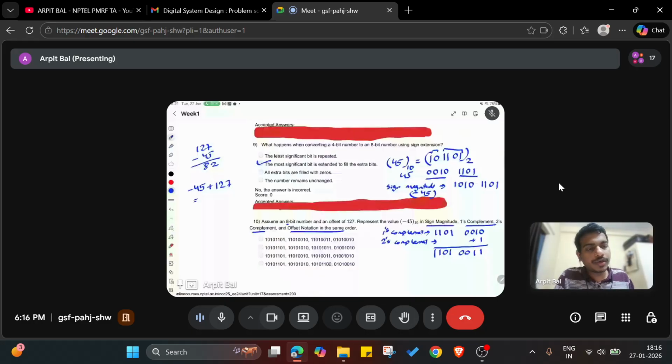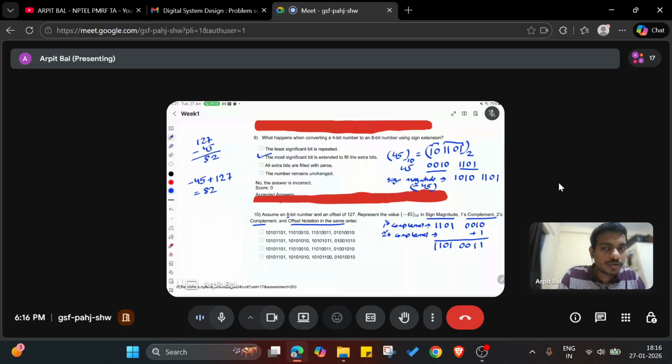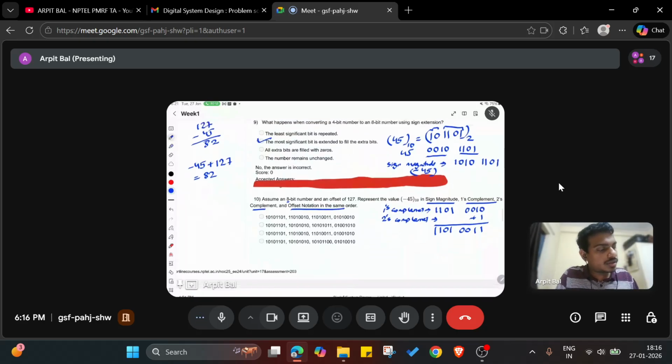So we basically need to represent 82 in binary form. So what is 82 in binary? Please try to figure it out. I'll wait for 2 minutes. Try to figure out the binary equivalent of 82 and put it in the chat box.